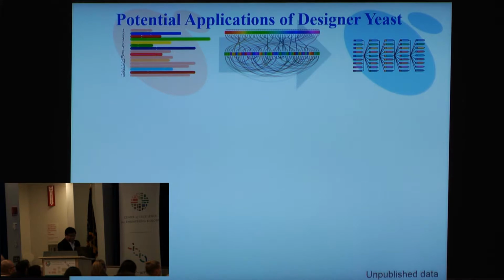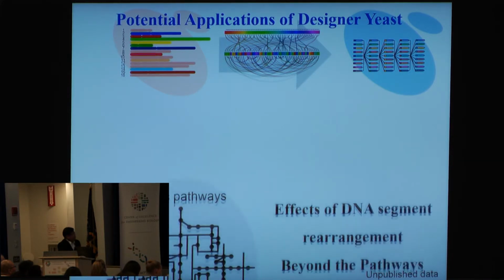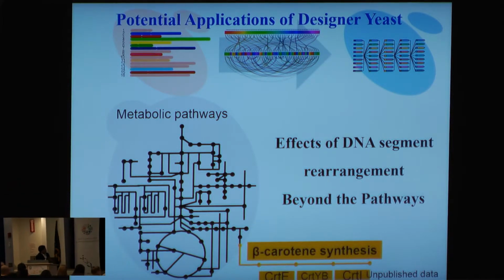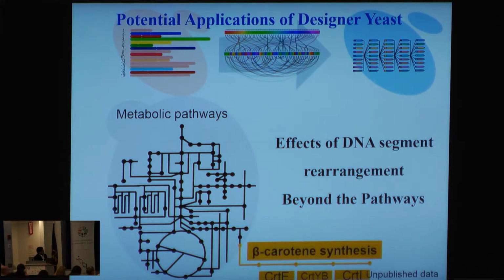Originally, using a non-designer chromosome, we only take one way or another. But because we have so many loxPsym sites within each chromosome, we can have beyond the pathways, the DNA segment arrangement. So we may have more choice.